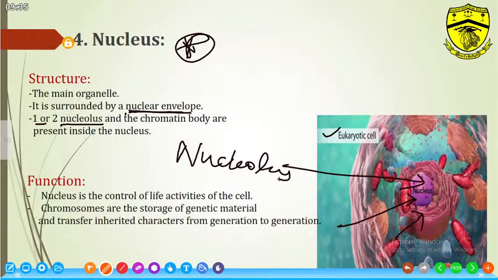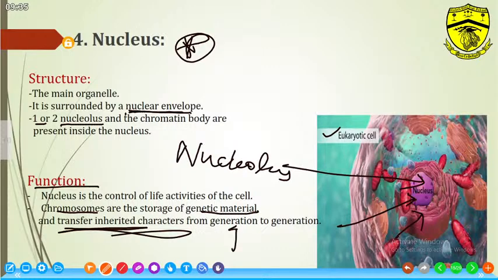So now we know about the function. Nucleus is the control of life activity of the cell. The chromosomes are the storage of genetic material and transfer the inherited characters from generation to generation.